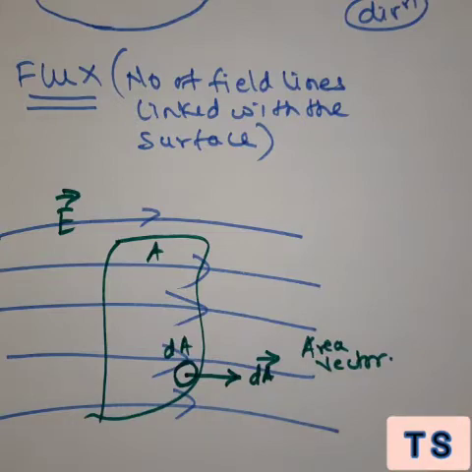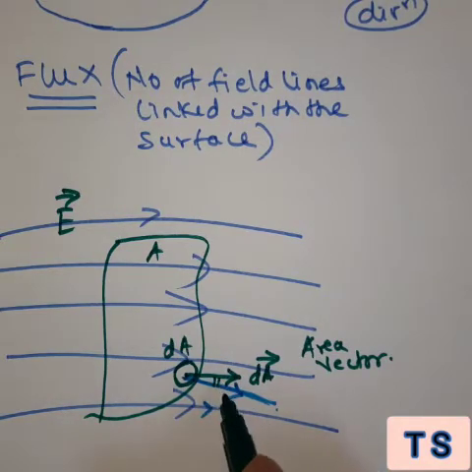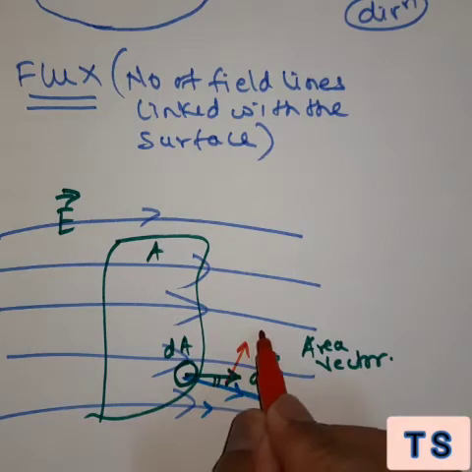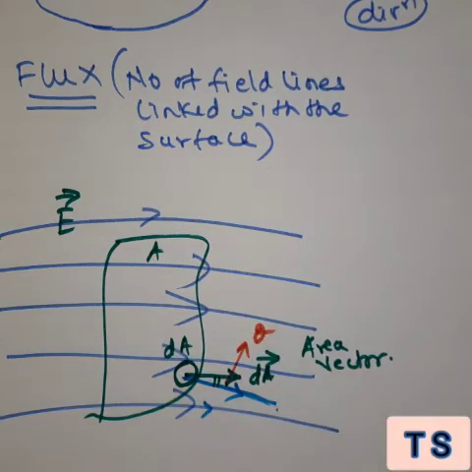And let's say that from here the field line is like this. So let's say that theta is the angle between the area vector and my electric field.